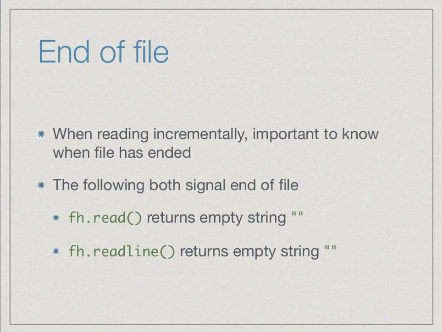One is if we try to read using the read command and we get nothing back, an empty string, that means the file is over. We have reached the end of file. Similarly, if we try to read a line and we get the empty string, it means we have reached the end of file. So if read or readline return the empty string, it means that we have reached the end of the file. Remember, we're going sequentially from beginning to end. So we've reached the end of the file and there's nothing further to read in this file.